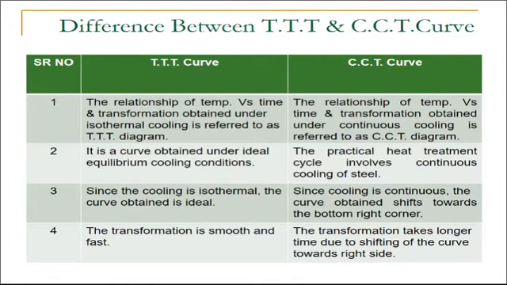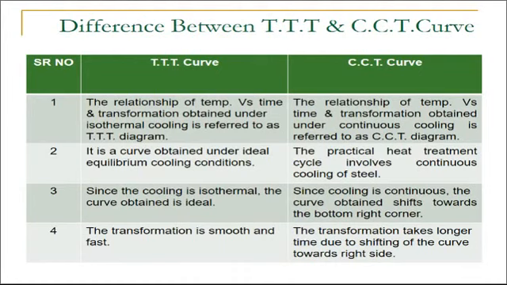In the TTT curve, the relationship of temperature versus time and transformation obtained under isothermal cooling is referred to as the TTT diagram, whereas the relationship obtained under continuous cooling is referred to as the CCT diagram. Second, the TTT curve is obtained under ideal equilibrium cooling conditions, whereas the practical heat treatment cycle involves continuous cooling of steels. Hence, the CCT curve is obtained by continuous cooling of steel. Third, since the cooling is isothermal in the case of the TTT curve, the curve obtained is an ideal curve.